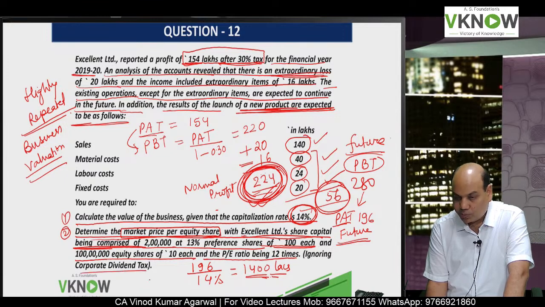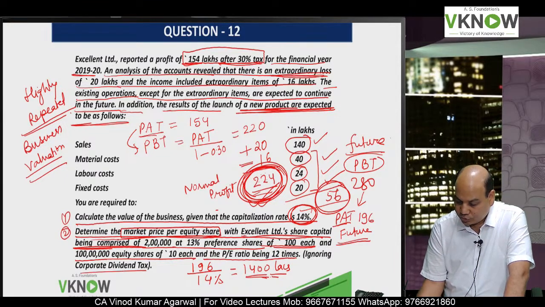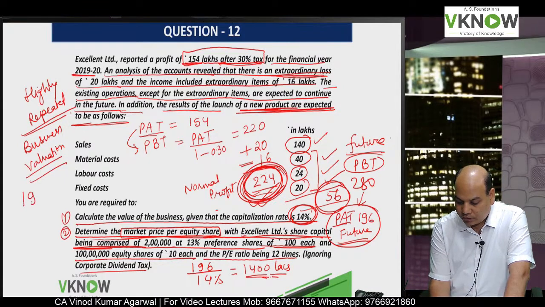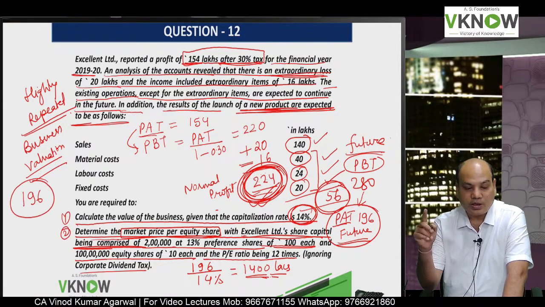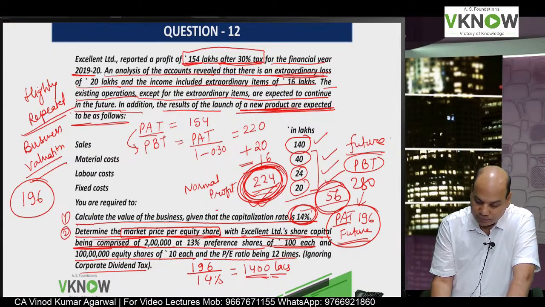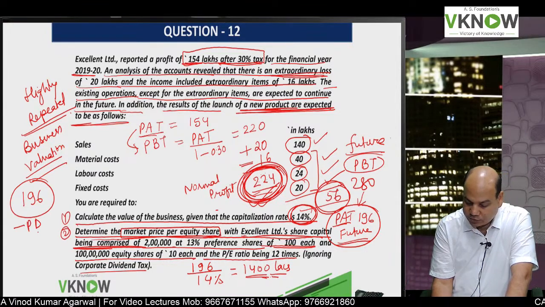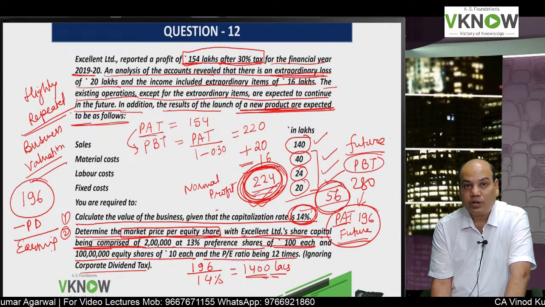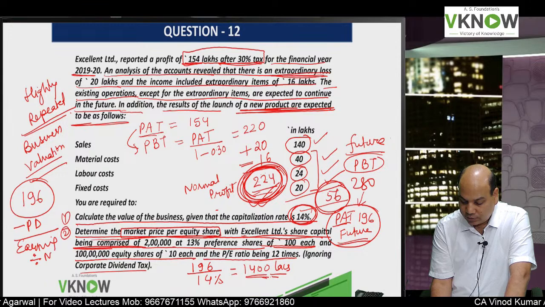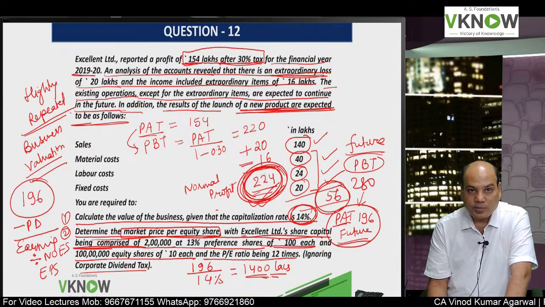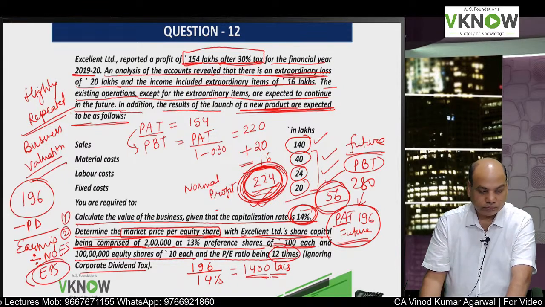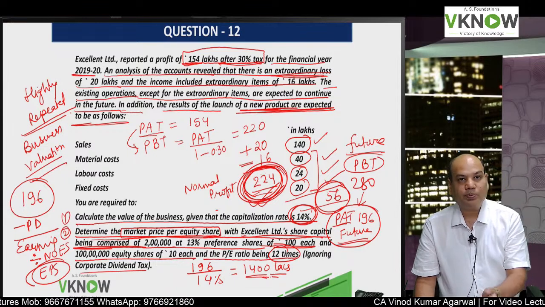Ignore corporate dividend tax. So if you look at this question, we have already computed 196 future maintainable profit after tax. Minus preference dividend will give you earning available to equity shareholder, divide by number of equity shares will give you EPS, and EPS multiplied by P/E ratio.